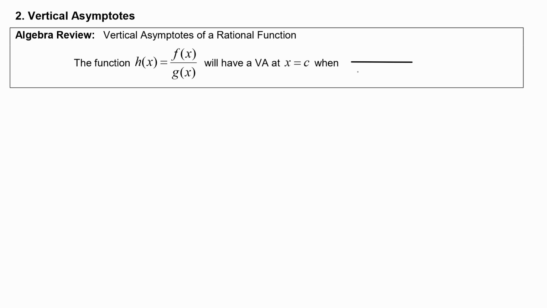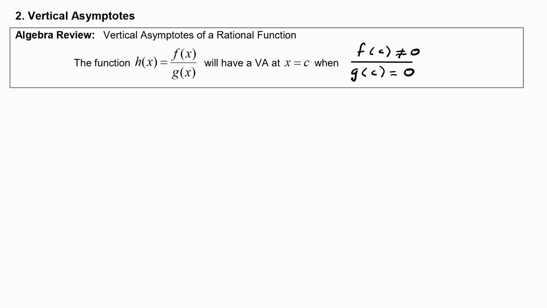We need the denominator, g of c, to equal 0, but it must also be true that the numerator, f of c, does not equal 0. So we look for vertical asymptotes whenever the denominator of the rational function is 0, but we have to verify that the numerator does not equal 0 at that point.